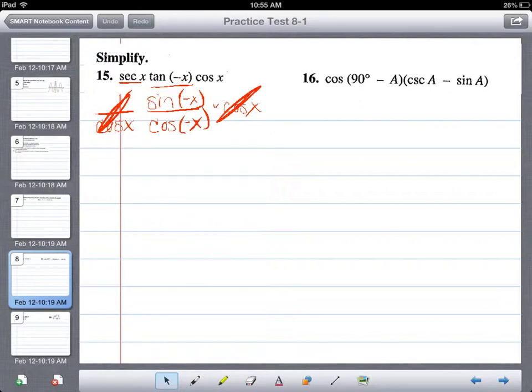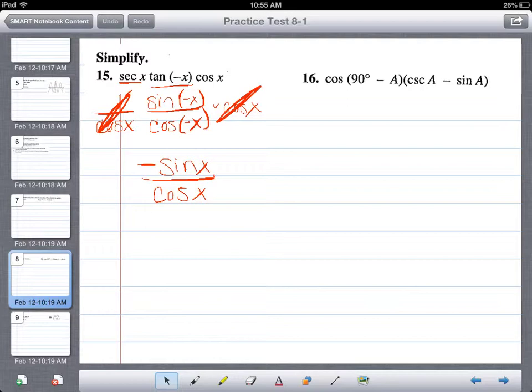If you were to look at your even odd identities, that's the front page middle of your trig sheet, it says that the sine of a negative angle, like we have up on top, can be changed to negative sine x, and cosine of a negative angle can be changed to a positive cosine x. Now this isn't quite simplified as much as you can because we've got sine and cosine, two different functions.